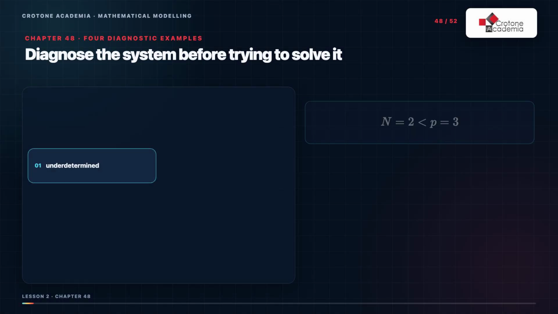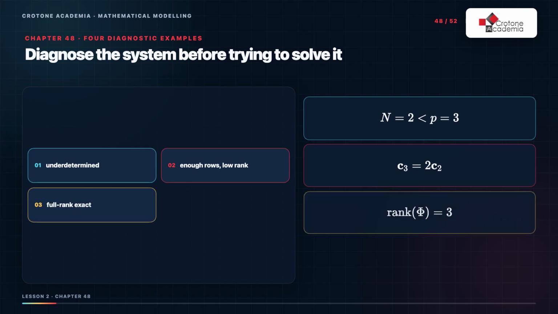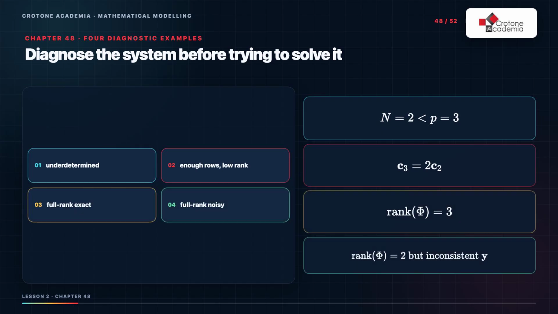Let us diagnose 4 cases. First, a 3-parameter model with only 2 observations is underdetermined. Rank can be at most 2. Second, a 3x3 matrix whose third column is twice the second has enough rows but rank 2, so coefficients are not unique.